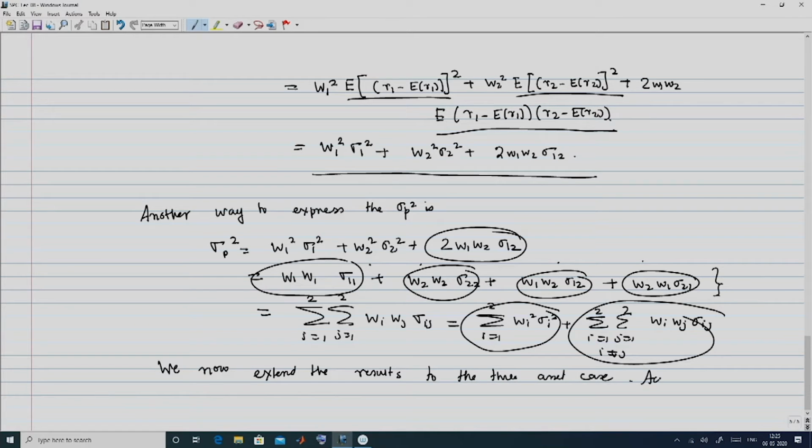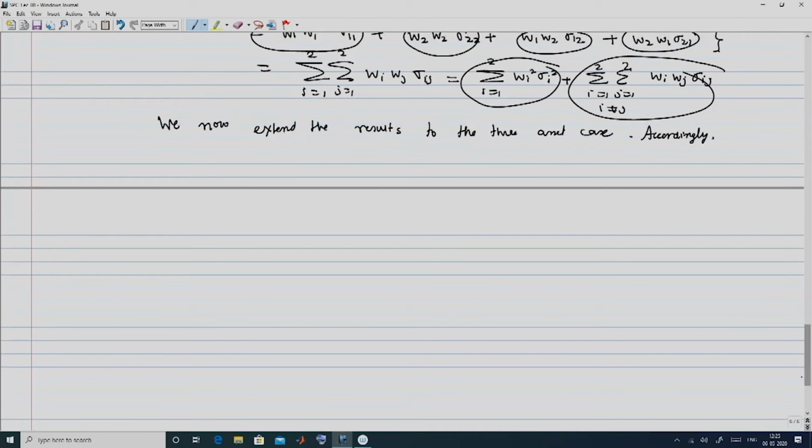So, accordingly, the expected return and variance are going to be given by, so E of Rp is going to be W1 E of R1 plus W2 E of R2 plus W3 E of R3.